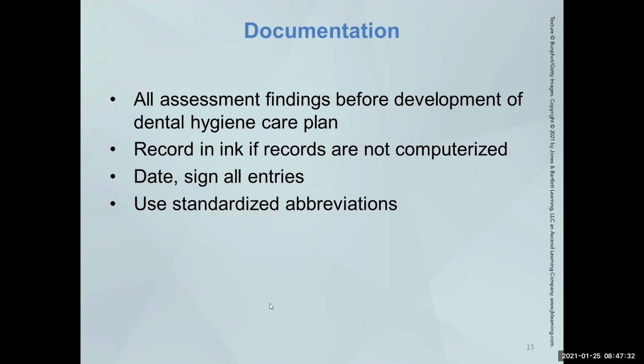C with a line over it is with, S with a line over it is without, but W-O for without is more common, plus you can put that in the computer. Everybody has to be able to know what you mean. Now you could have standardized abbreviations for your office as well, but there needs to be some sort of template somewhere that shows what the abbreviations mean.